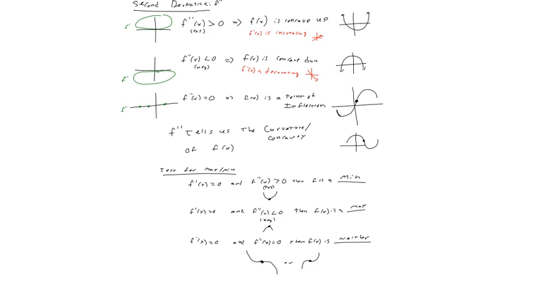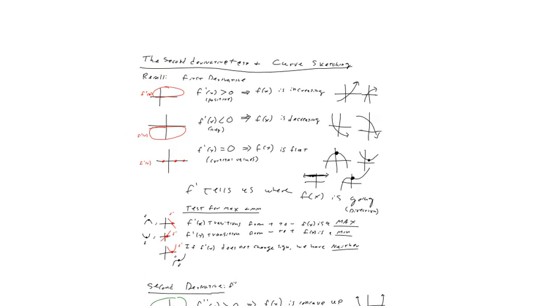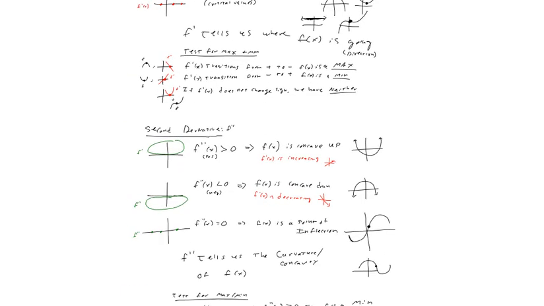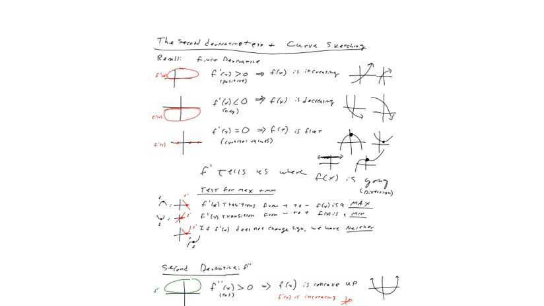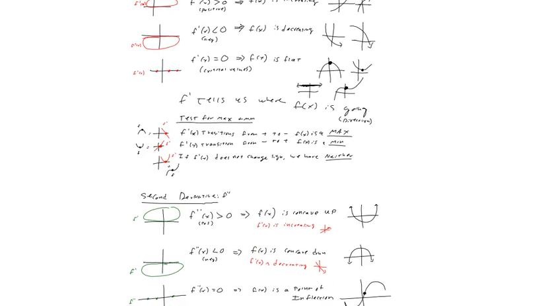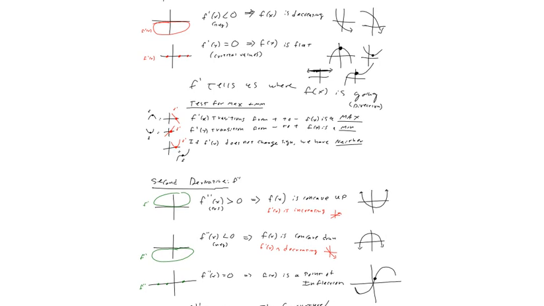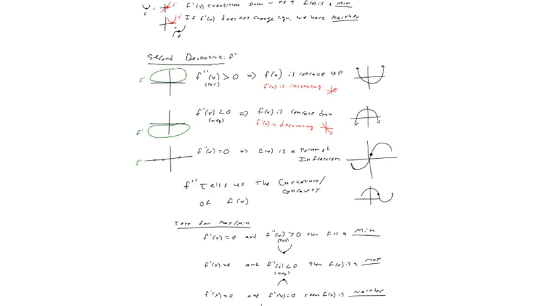We're going to try to use the information we have about the first and second derivative. First derivative tells us direction and where the spots are flat. Second derivative tells us curvature and when there are points of inflection.